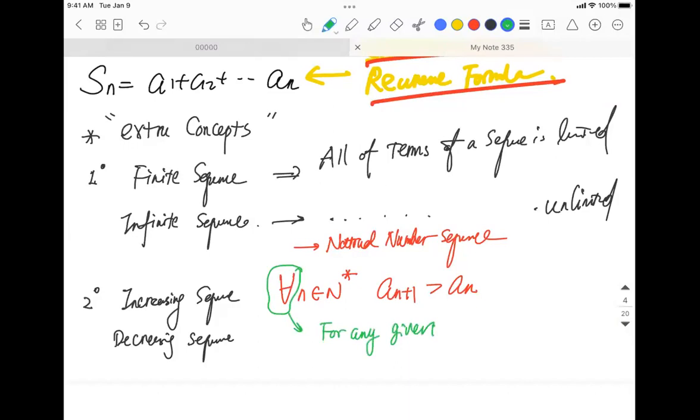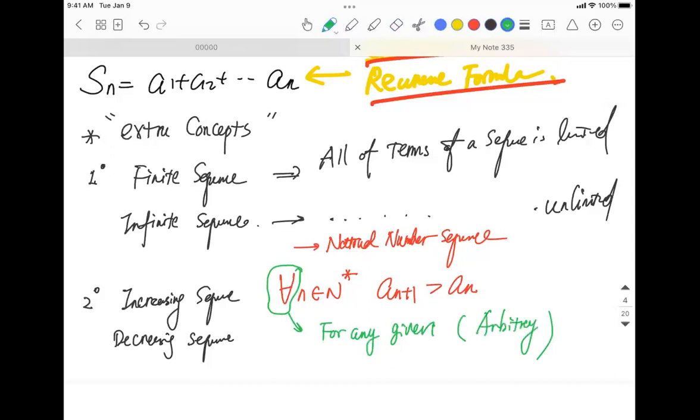You can take it as the word "arbitrary." For any given n, you can always make sure a_{n+1} is greater than a_n.